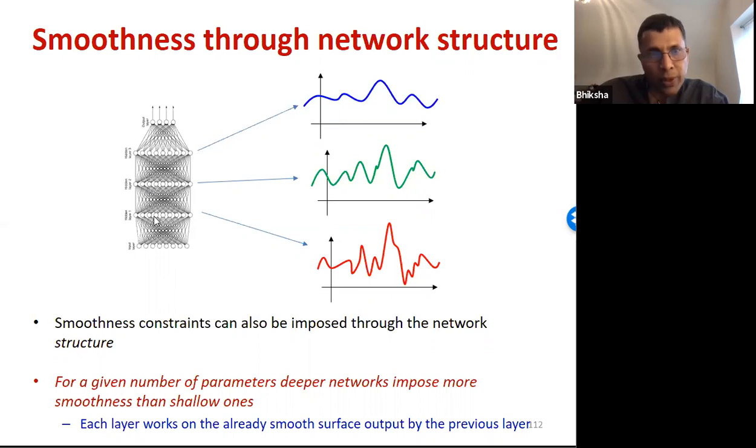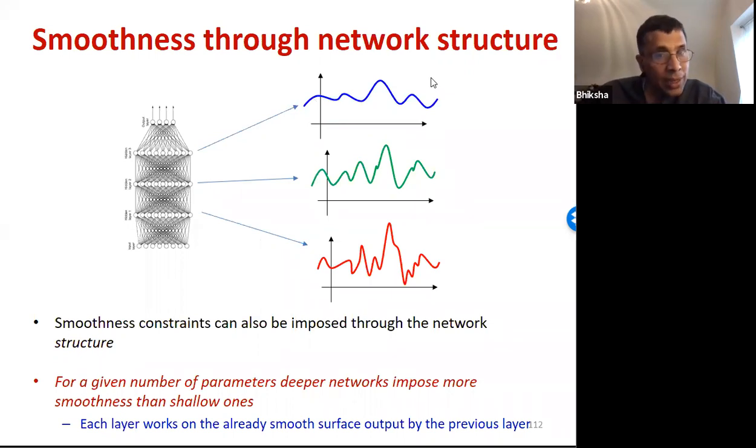Why? Because each layer works on the output of the previous layer. And so if any layer smooths a function, the next layer is working on an already smoothed function, it's only going to smooth it further. And so here in this network, if the first layer learns this ugly red function, the next layer operates on this and it's going to learn something smoother, like this green function. And the next layer is going to operate on this and it's going to learn something even smoother, like this blue function.